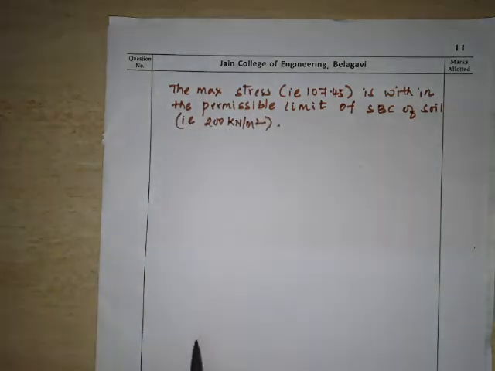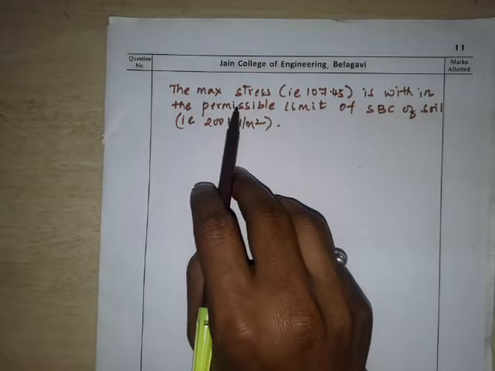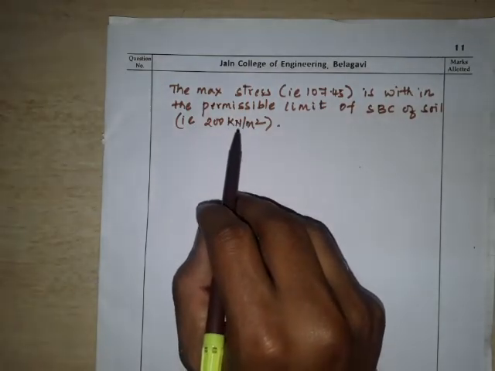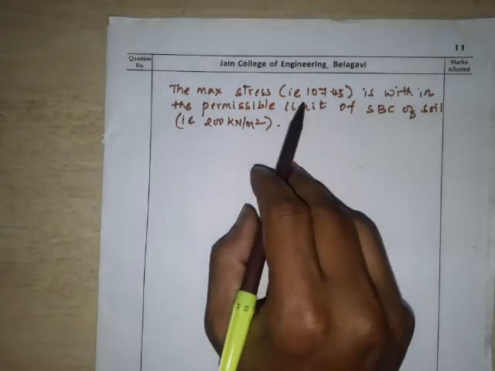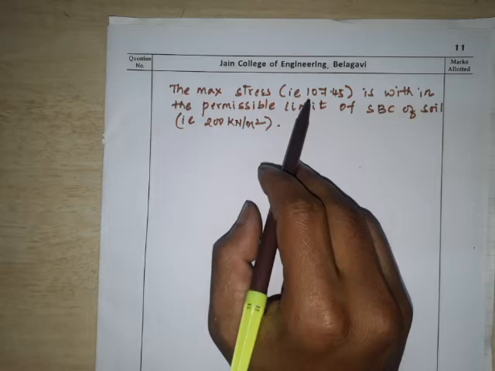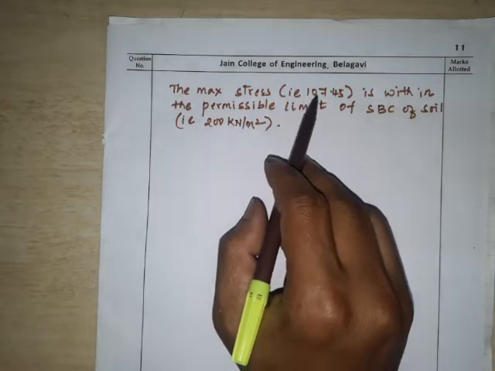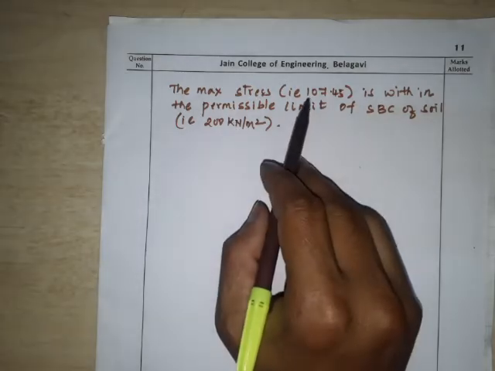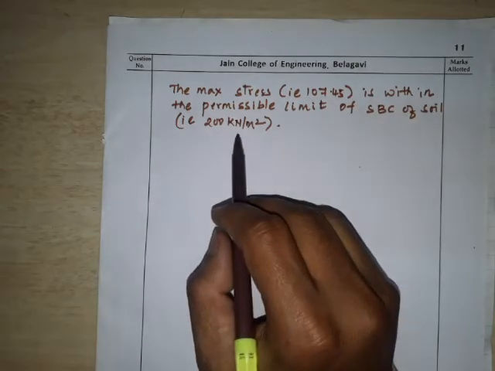So means the pressure developed by the retaining wall is again within the limit of SBC of soil. The pressure what you got should be less than SBC. Understood? So it is less than SBC.